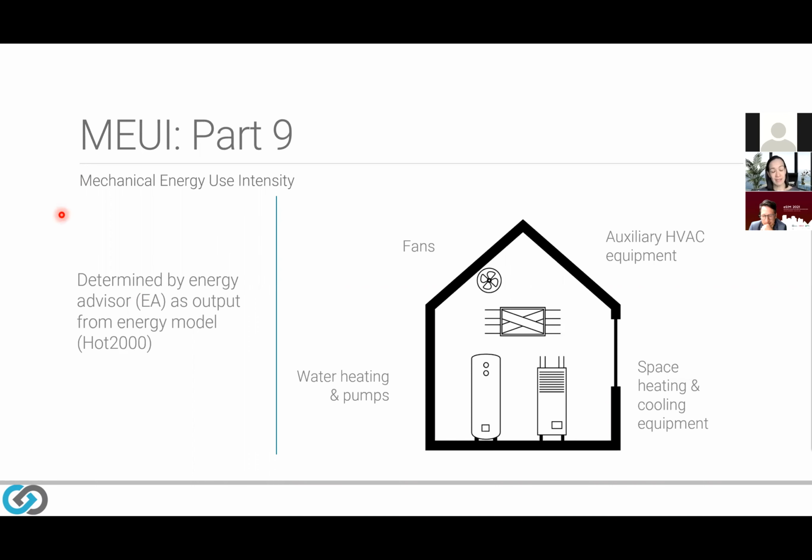It's similar to the TUI, but it only focuses on the mechanical end uses: service water heating, fans, auxiliary, and space conditioning, no lighting, no plug loads, etc. So that's the MUI that is being looked at in Part 9.